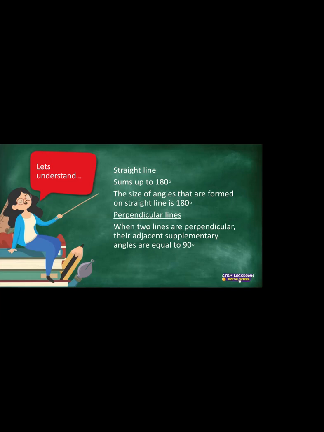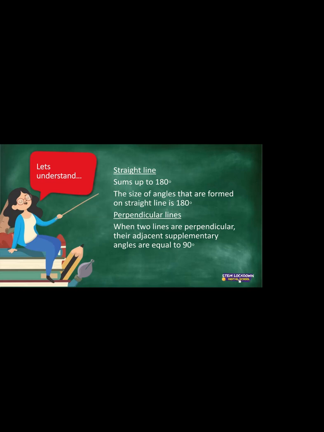Let me read something for you guys here before we can actually do our drawings and everything. An angle formed by a straight line is 180 degrees. Therefore, the sum of the angles on a straight line is also 180 degrees. We say two or more angles are supplementary if they add up to 180 degrees, right?